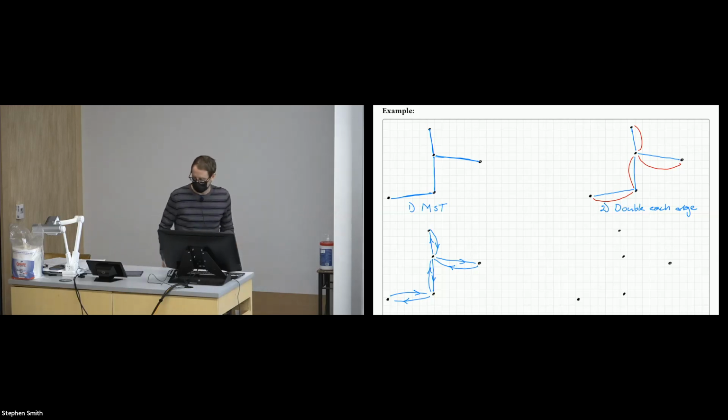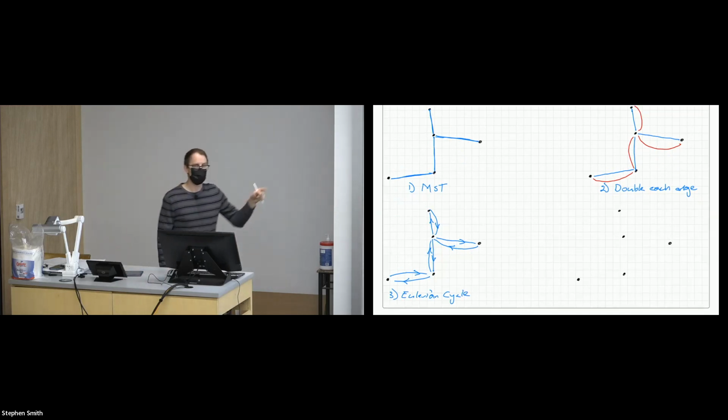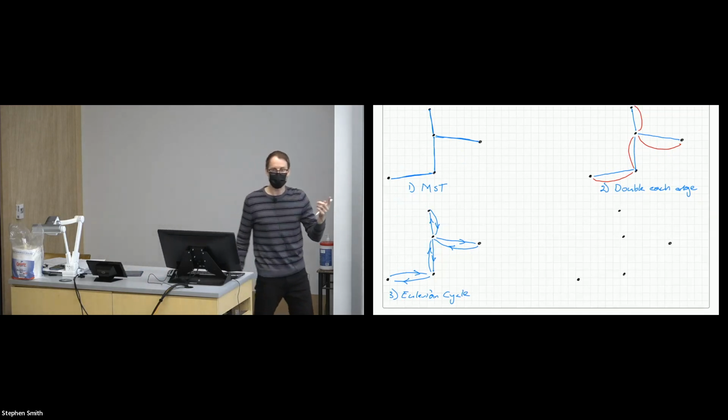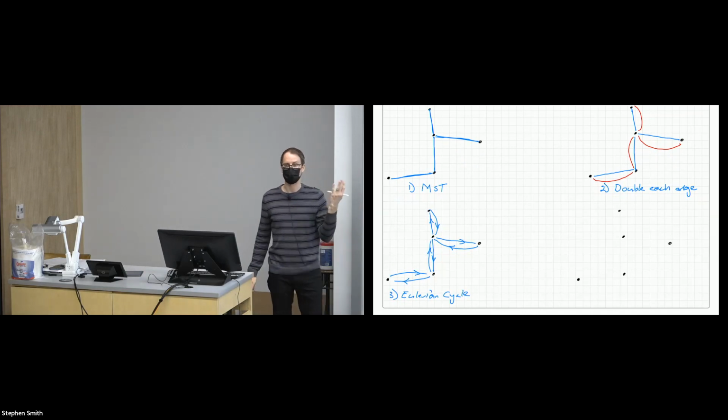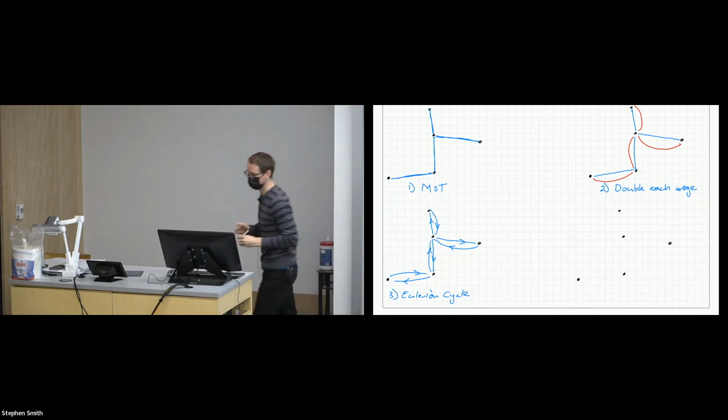And now, so that's 3. And now I just march along that and shortcut anytime I'm going to visit a vertex a second time, right? Just to skip all but the first appearance of each vertex.